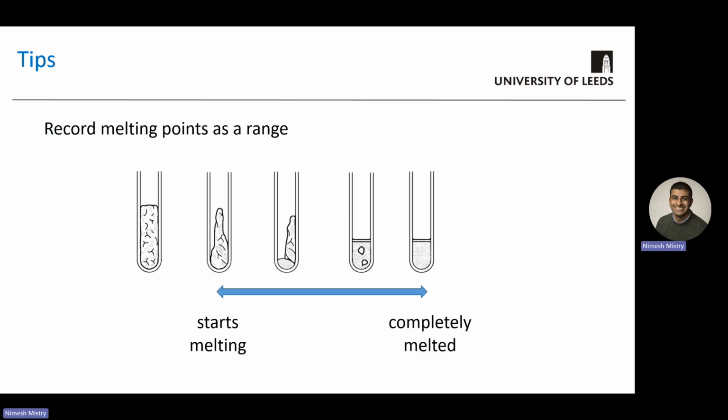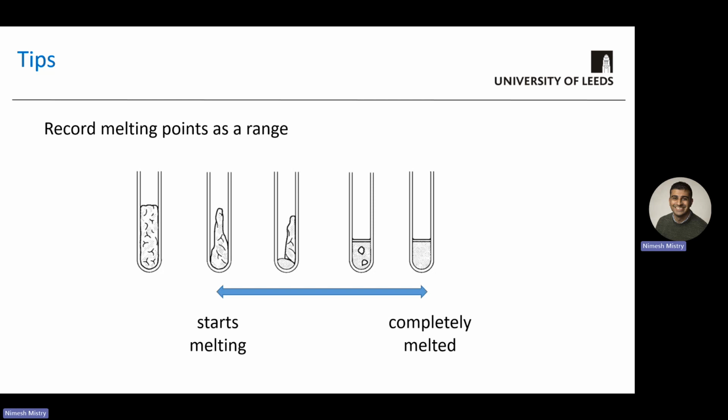And then the final tip for this experiment is regarding the melting point. You'll take a small sample of your pure paracetamol, put it into a very small thin tube called a melting point tube, and then heat this in a melting point apparatus and observe the temperature over which your sample will melt. The key thing regarding a melting point is that you're not recording a single point at which your sample melts.